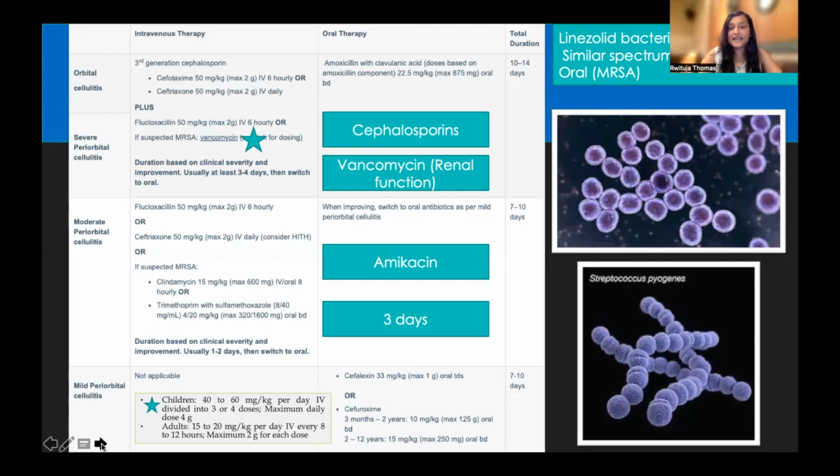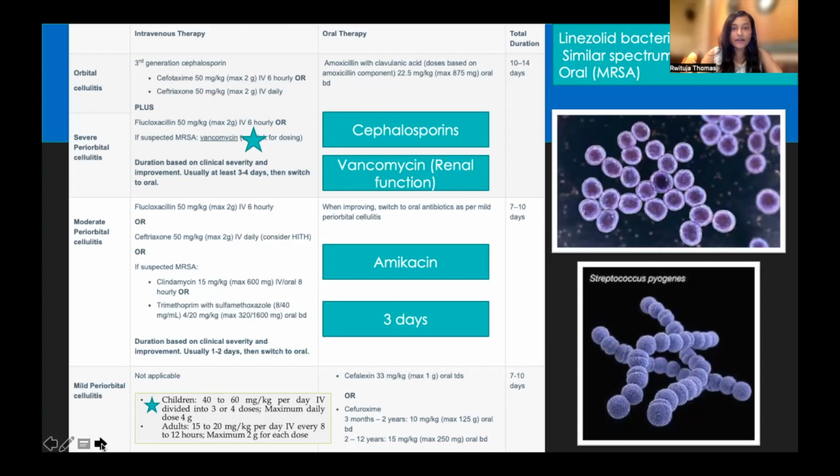And in case the culture shows MRSA, then that would require vancomycin, that is again 500 mg BD. Now, this would be for 3 days, after which you would switch to oral antibiotics, that is amoxicillin and clavulanic acid, 625 mg TDS, along with metronidazole.